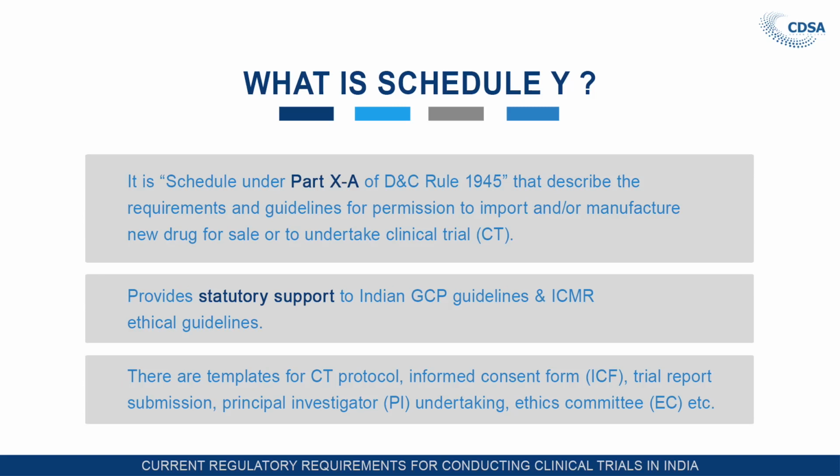It describes the requirement and guideline for permission to import and or manufacture new drug for sale or to undertake clinical trial. Means we have seen that before the manufacture, applicant has required to undertake a clinical trial for the new drug. Similarly, for the import of the new drug, it has to undergo first the clinical trials.